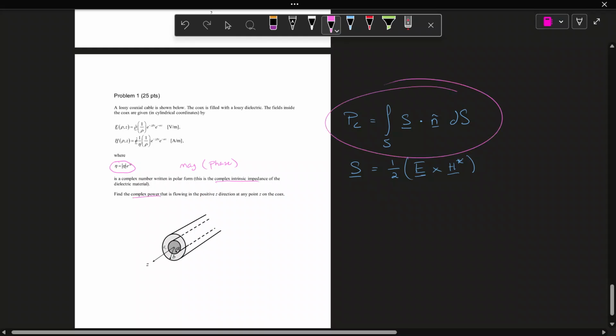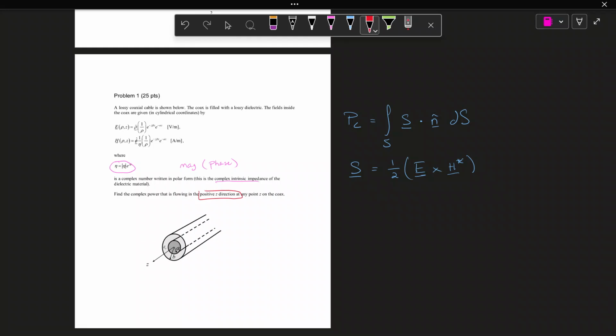It is flowing in the z direction. That's very important. The positive z direction at any point z on the coax. Okay, well, let's see, positive z direction. This means this normal vector that I'm circling will become z hat.